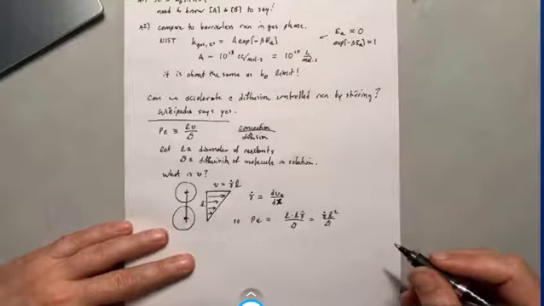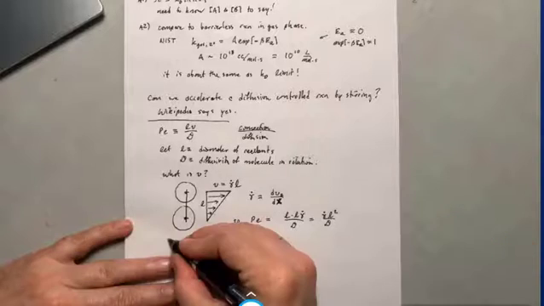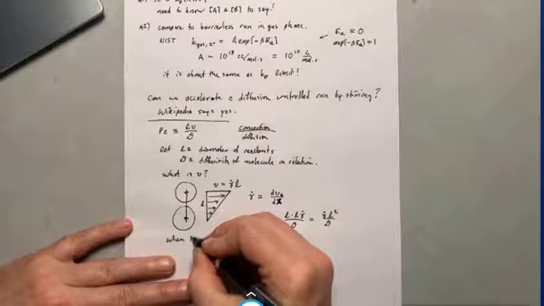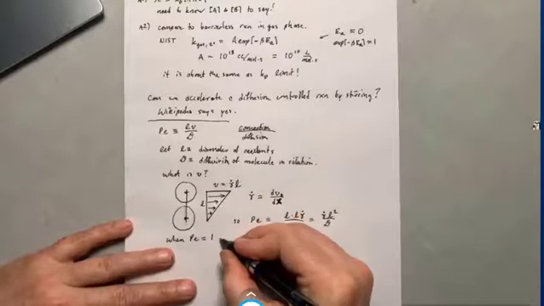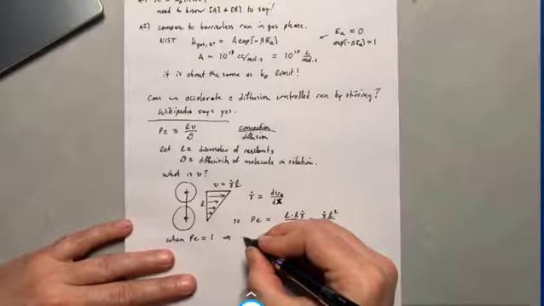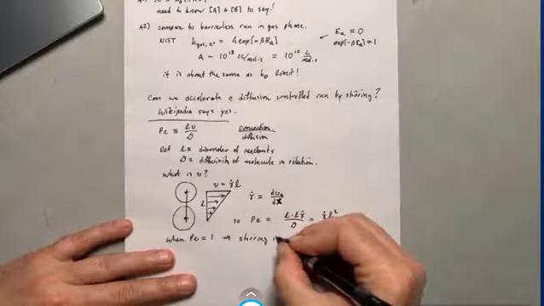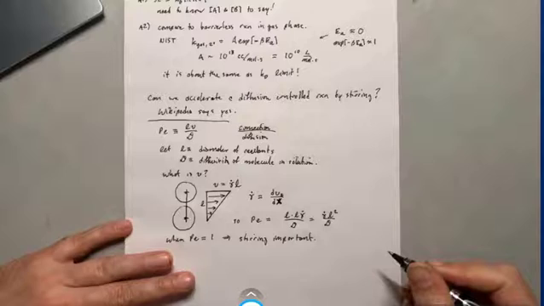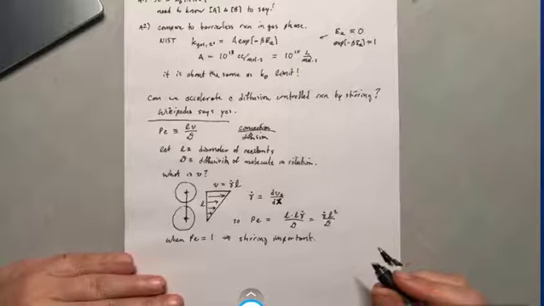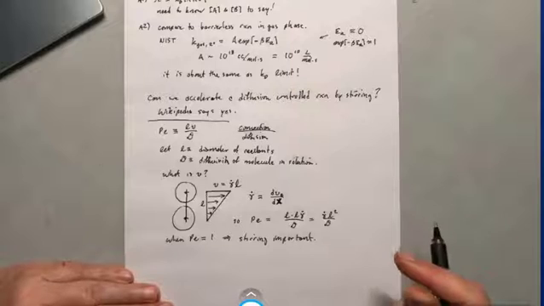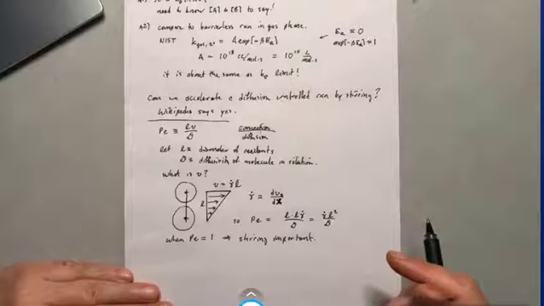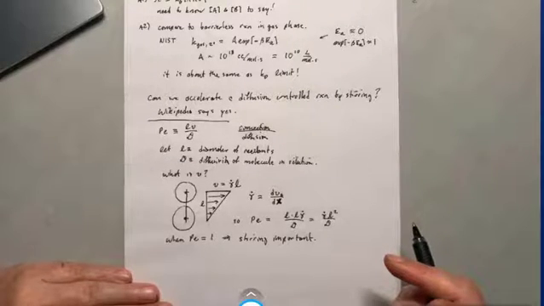Okay, so remember that when the Peclet number is equal to 1, stirring becomes important. Stirring is going to help these molecules encounter each other more quickly than diffusion would when the Peclet number is equal to 1.